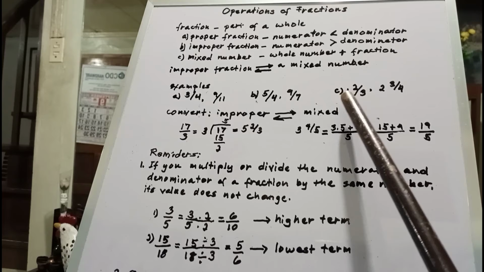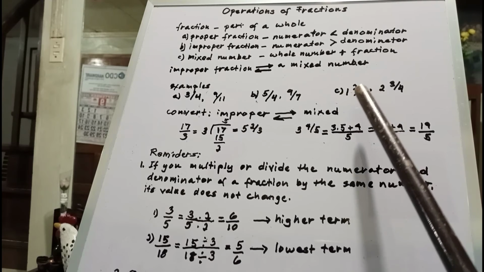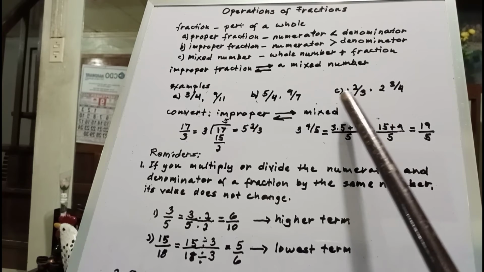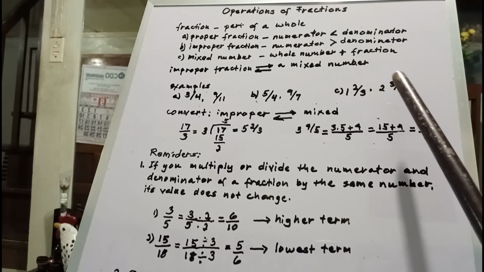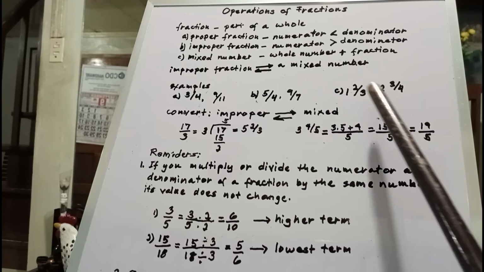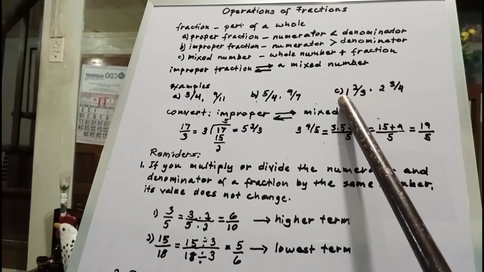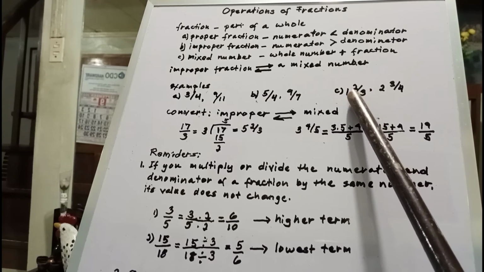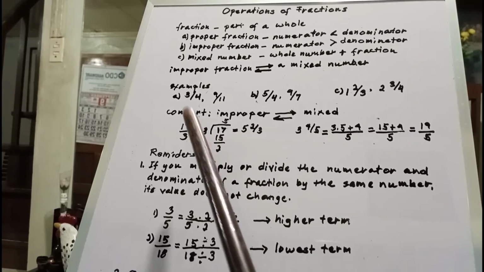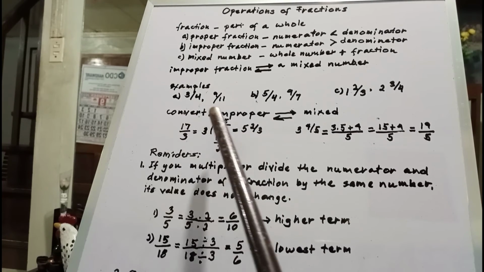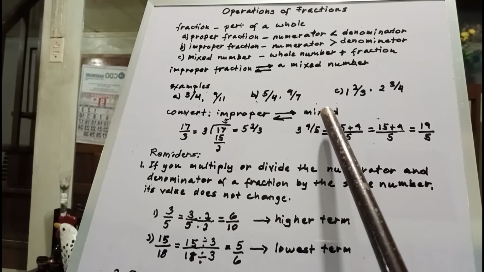For letter C, mixed number, we have 1 and 2/3 and 2 and 3/4. So they are composed of the whole number 1 plus the fraction and 2 plus the fraction. Now convert improper fraction to mixed number.